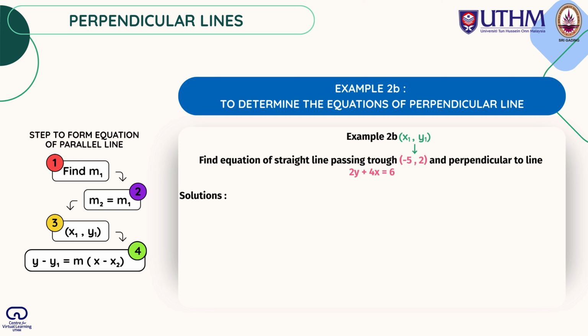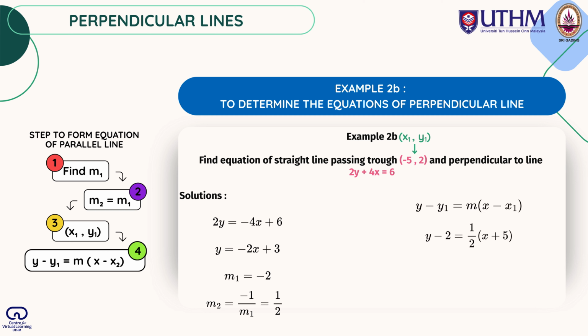First, we rewrite the equation: y equals negative 2x plus 3, m1 equals negative 2, and m2 equals 1 over 2. Substitute: y minus 2 equals 1 over 2 times x plus 5, and solving the equation gives us y equals 1 over 2 x plus 9 over 2. And that is your final answer.